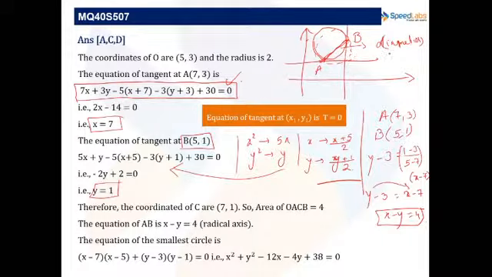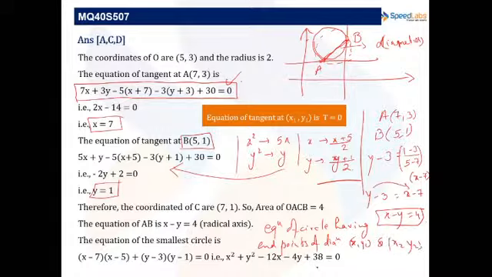When AB acts as a diameter, then the equation of a circle having endpoints of diameter (x1, y1) and (x2, y2) is (x minus x1)(x minus x2) plus (y minus y1)(y minus y2) equals 0.